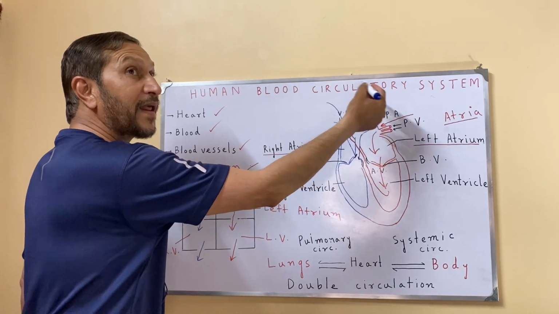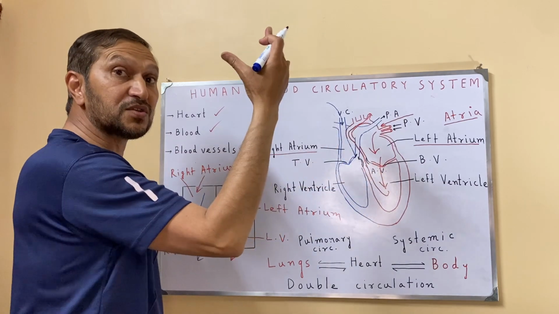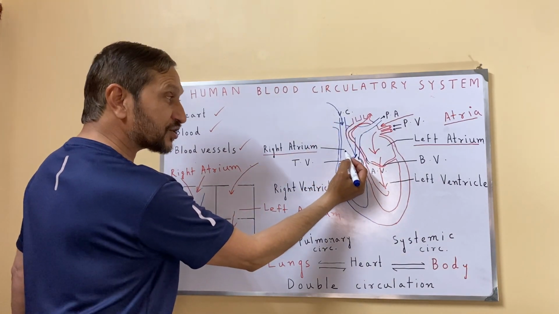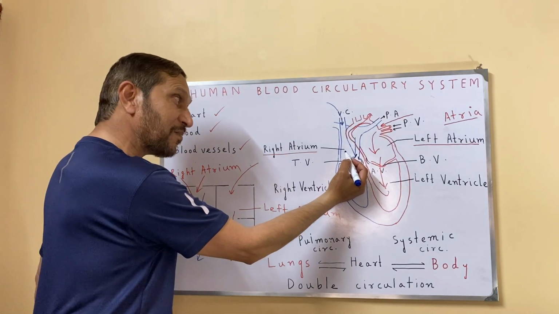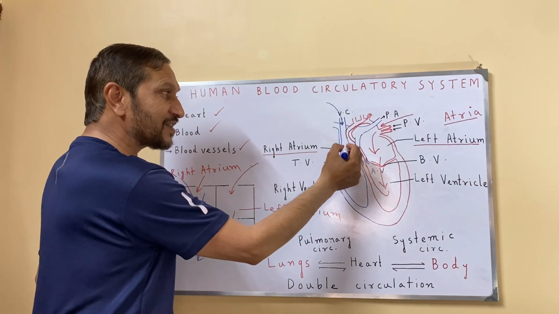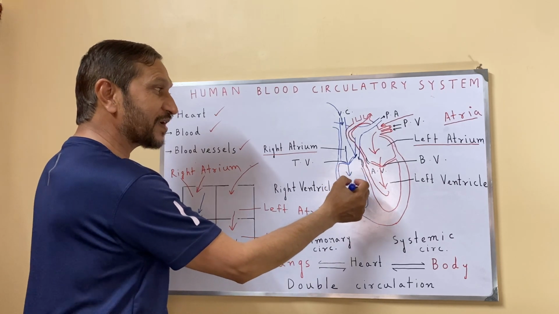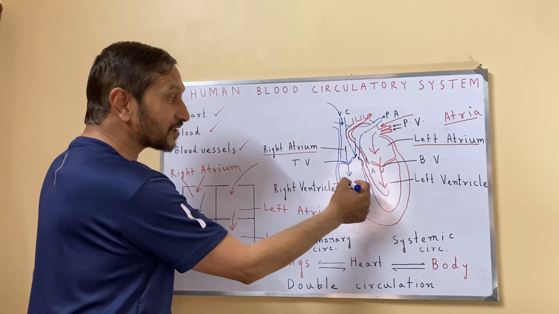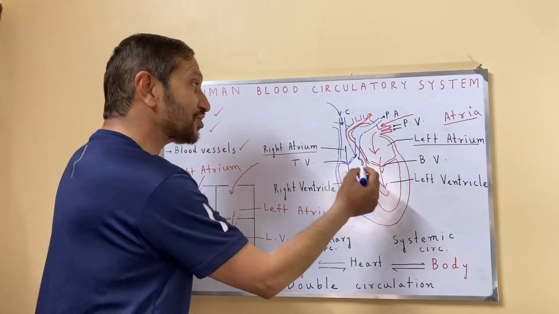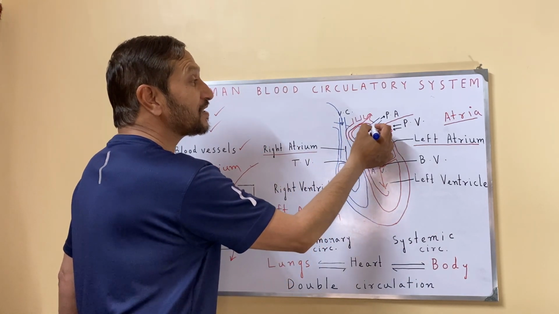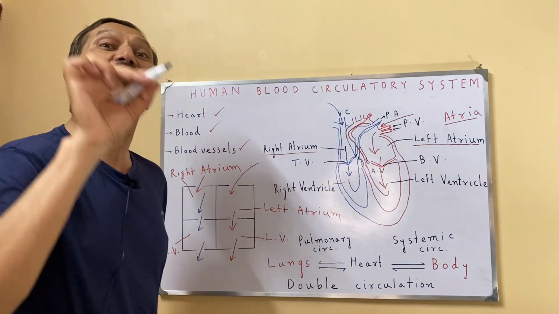VC stands for vena cava, and this is the major vein. So the right atrium receives the deoxygenated blood, then it contracts and sends the blood to the right ventricle, and then through the right ventricle the deoxygenated blood is sent through the pulmonary artery towards the lungs for oxygenation.